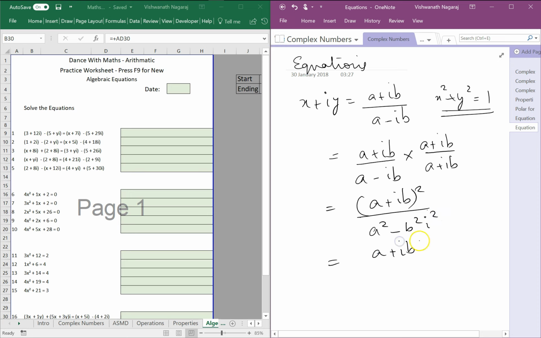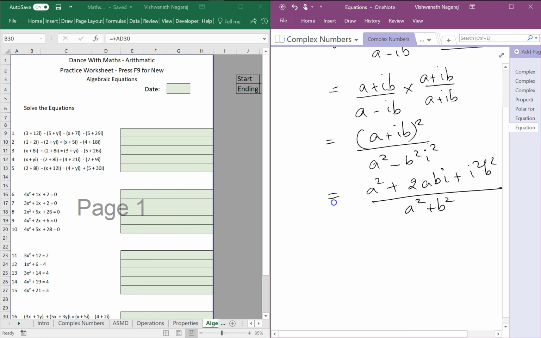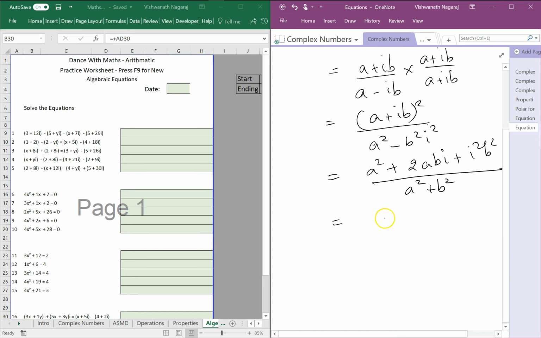a square minus b square i square. So (a plus ib) square is a square plus 2aib, 2ab i plus i square b square, by a square plus b square. Okay, now this becomes a square plus 2abi minus b square by a square plus b square.